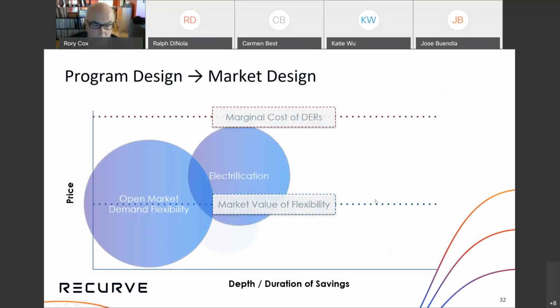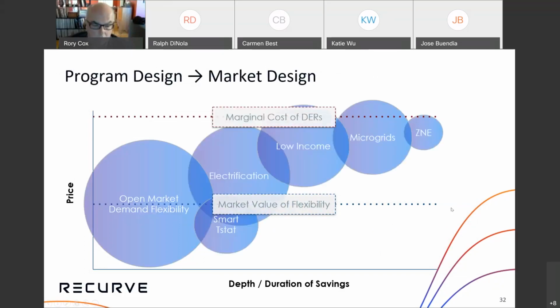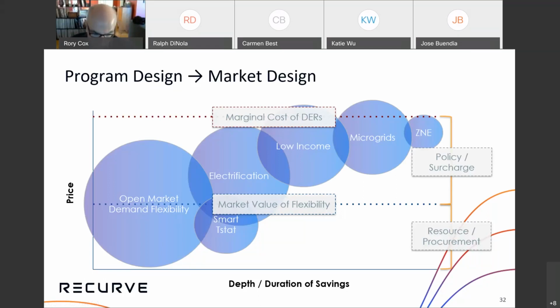From there, we can add in layers of price based on the value of the additional interventions and impacts, one more click, either to the greenhouse gas reductions or to other social objectives, maybe resiliency or other long-term objectives like zero net energy, and offer that price to aggregators to pool customer assets, or in some cases, we could be using that price to offer incentives directly to customers.